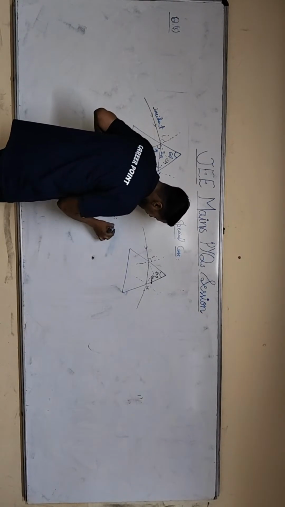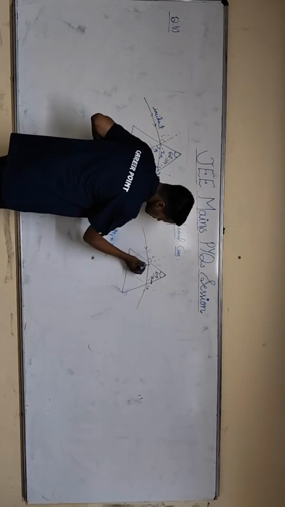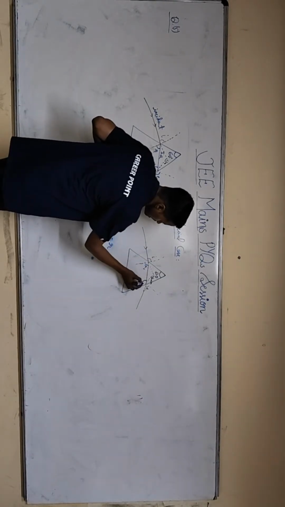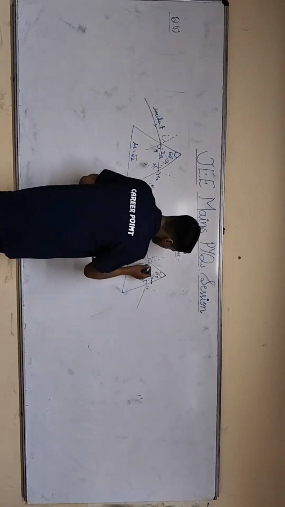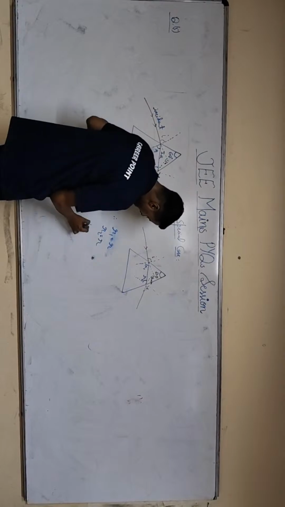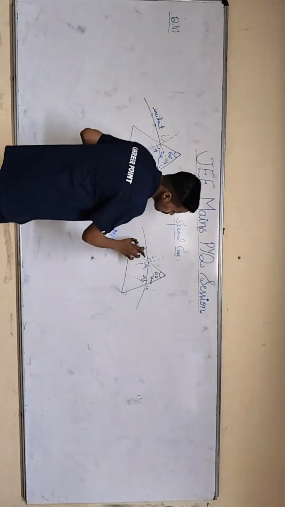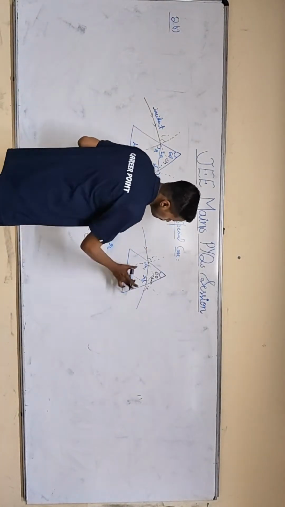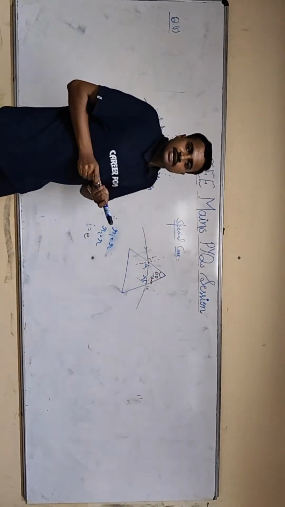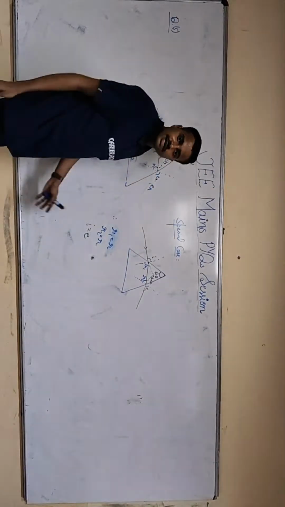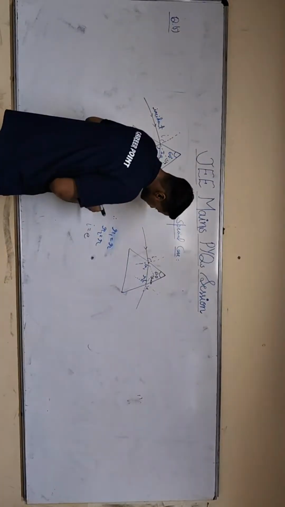First of all, write that r1 becomes r and r2 becomes r; this is r1 and this is r2. So the values of r1 and r2 both become r. Similarly, the angle of incidence becomes equal to the angle of emergence. If the question also asks for the angle of emergence, then if you have the angle of incidence, it is automatically equal to the angle of emergence in the minimum deviation case. Similarly, deviation becomes deviation minimum.